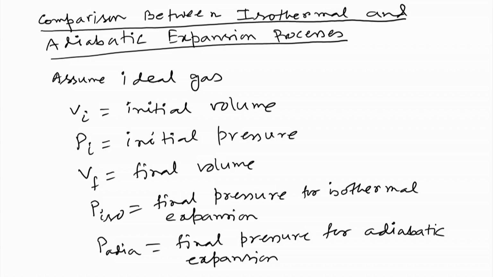So, pressure has to be different. So, we will calculate final pressure for isothermal expansion and final pressure for adiabatic expansion. Once we get that, we can easily calculate the work done for isothermal process and work done for adiabatic process, and then we can compare between them.